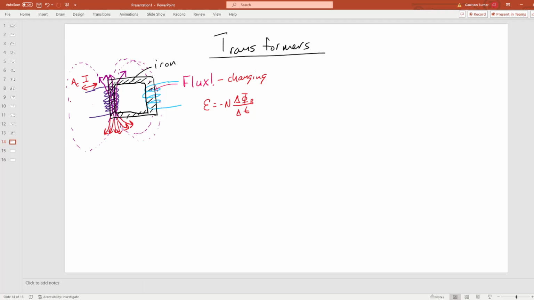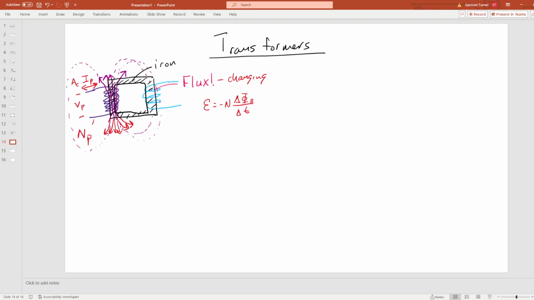So we're going to label this the primary. Okay? And we're going to say that the primary has NP turns. And it's held at a potential difference of Vp, and the current running through it is IP. Okay?